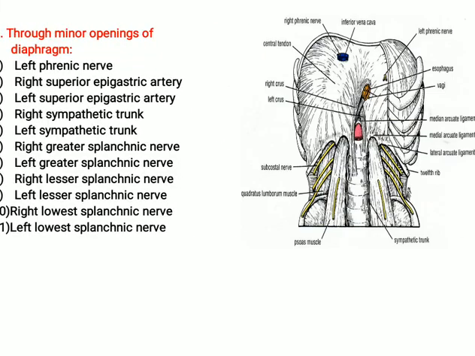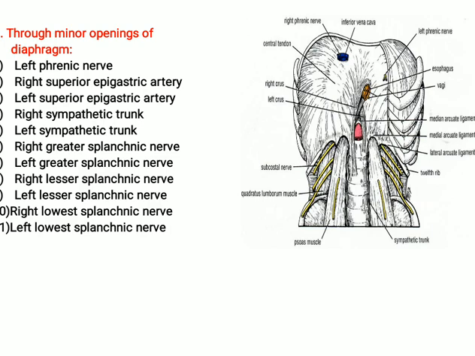So through the minor openings, we have a couple of nerves and arteries that are passing through the minor openings of the diaphragm. We have the left phrenic nerve, right superior epigastric artery, left superior epigastric artery, right sympathetic trunk, and the left.